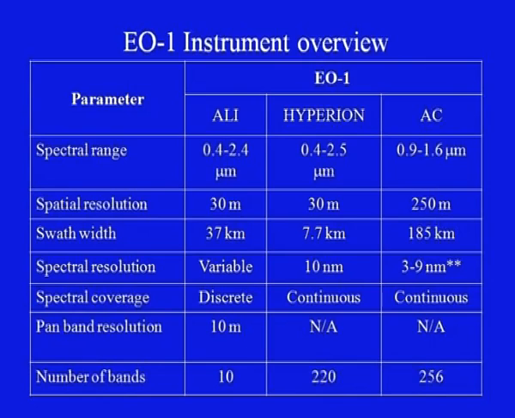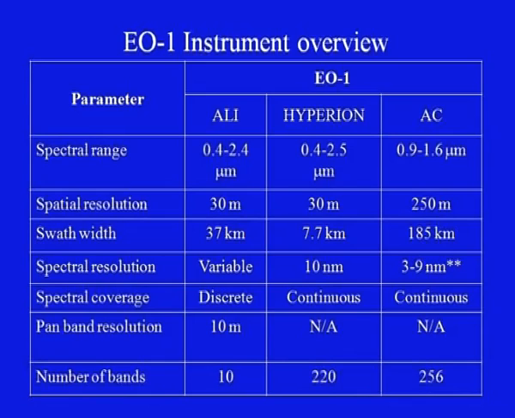Spectral resolution is variable in the case of ALI. However, for Hyperion it is 10 nanometers and for LAC it is between 3 to 9 nanometers. The spectral coverage is discrete in ALI, whereas it is continuous in Hyperion and LAC.